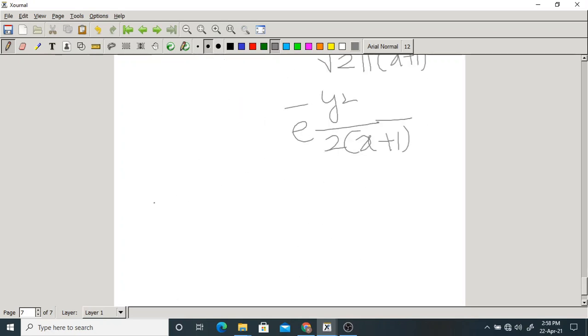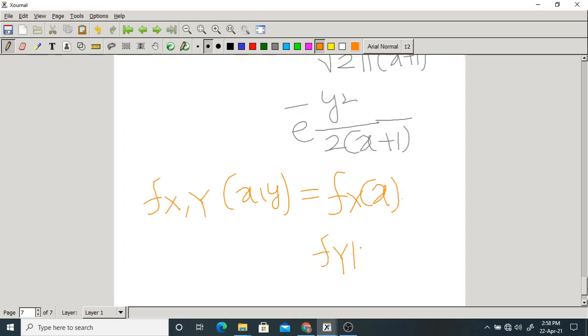So we know that the joint PDF of x and y is equal to f_X of x into f of y given x of y given x. Now here we know these two things already.